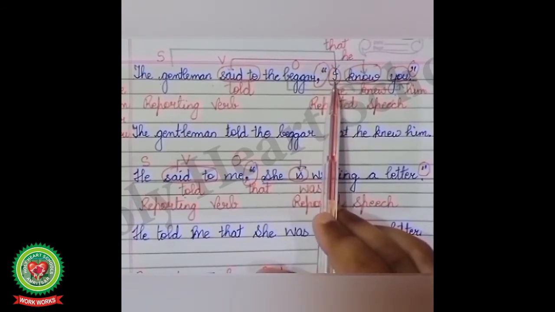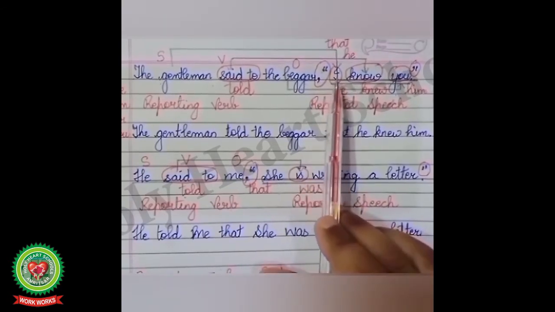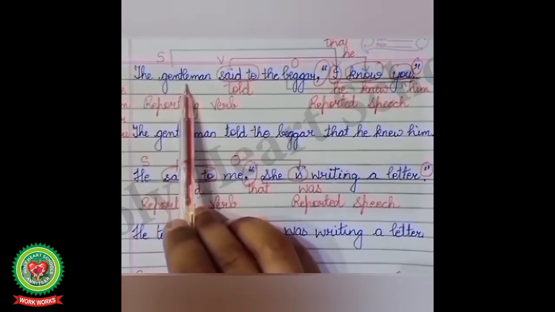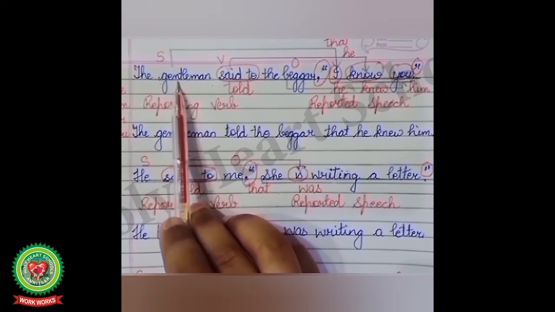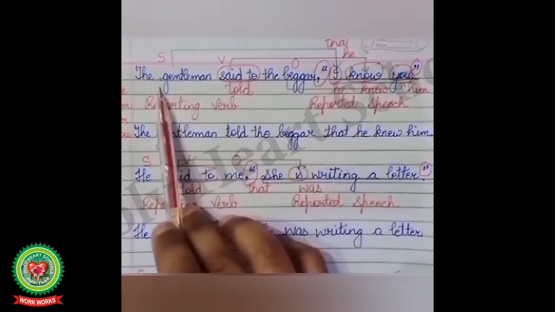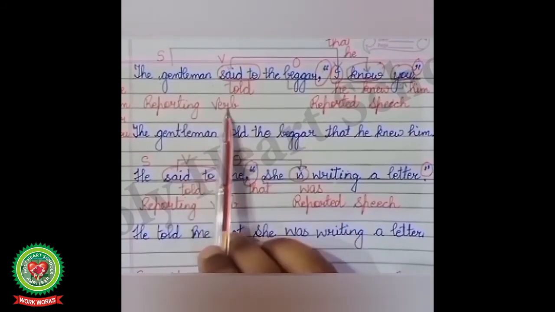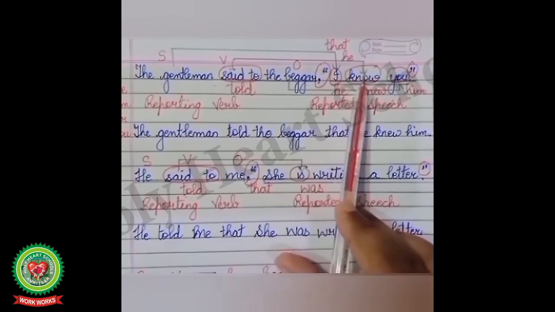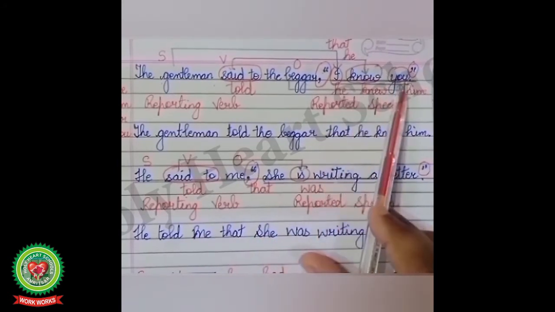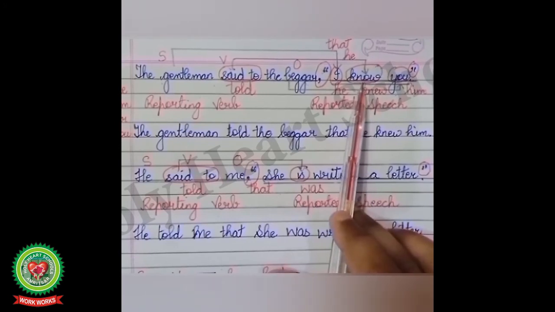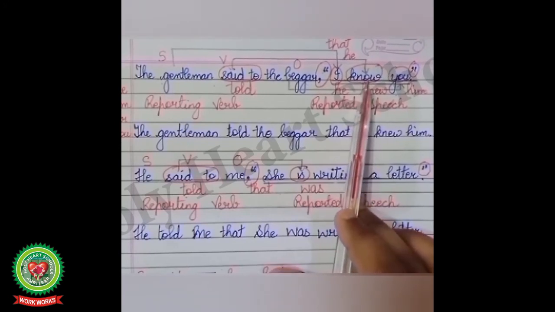I is a first person pronoun and first person pronoun changes according to the subject. The gentleman means a boy. So what will come in place of I? He. The reporting verb is in past tense, so the tense of reported speech will change. The reported speech is in simple present tense and simple present tense changes into simple past.